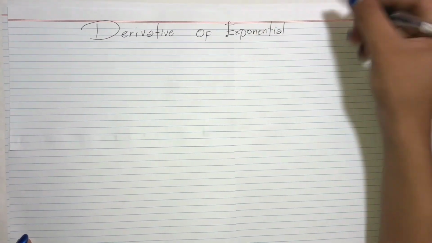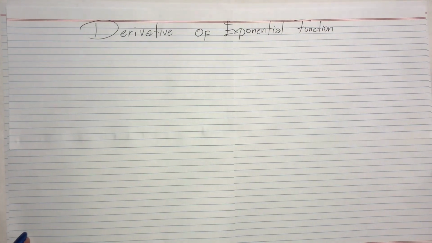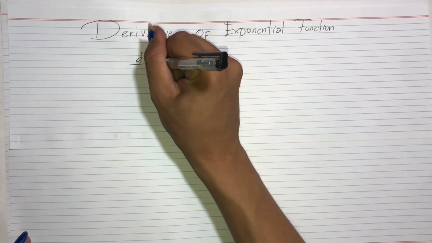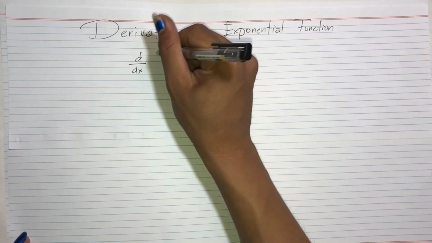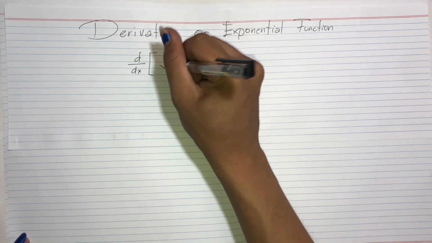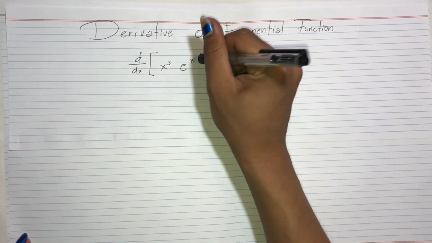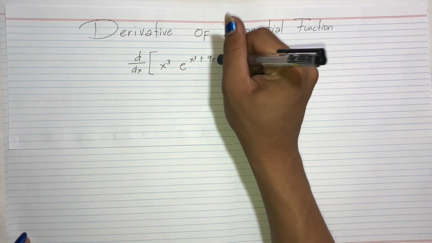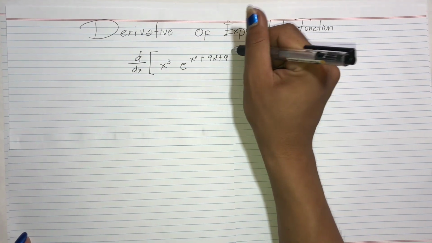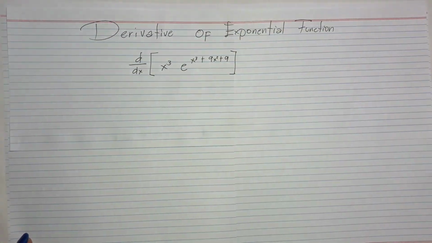Now we will proceed to the derivative of exponential function. Given the equation, the derivative of x cubed times e raised to x cubed plus 9x squared plus 9 with respect to x.